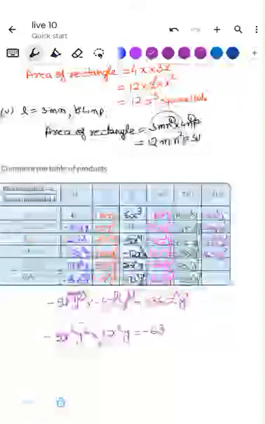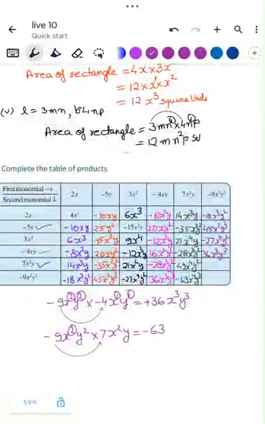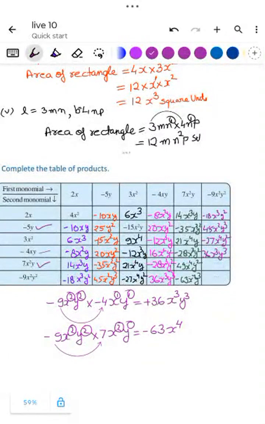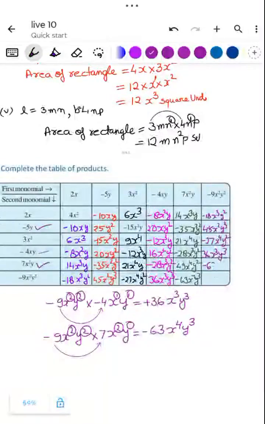Now x to the power 2 plus 2, so this will be x to the power 4. y to the power 2 plus 1, this will be y cube. So the answer will be negative 63x to the power 4 y cube.